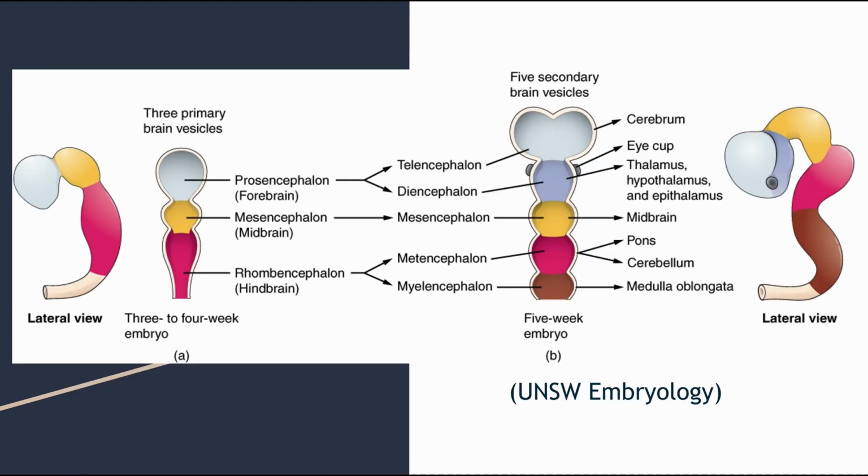There are 3 primary brain parts. Cephalus is a Greek word for head, and it is used to identify the different brain parts. The 3 primary brain parts in the initial stage are prosencephalon, mesencephalon, and rhombencephalon.